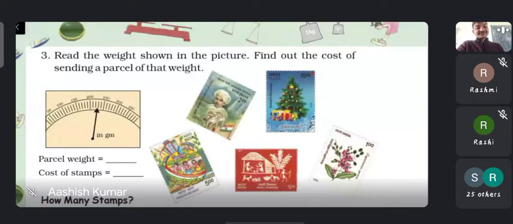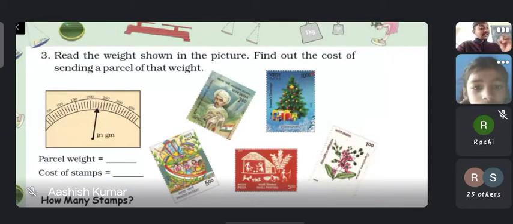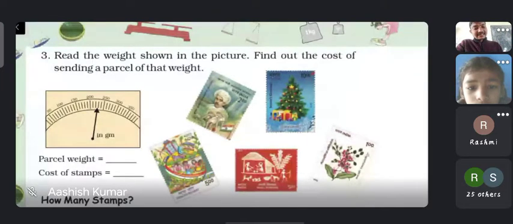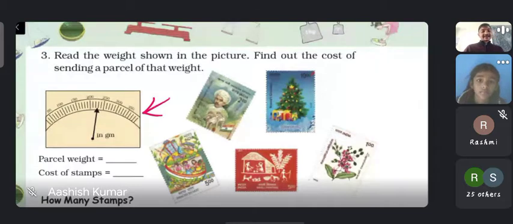The next one, you have to first of all note down the weight on the weighing machine. Here is the weighing machine. What is the weight shown in this machine?